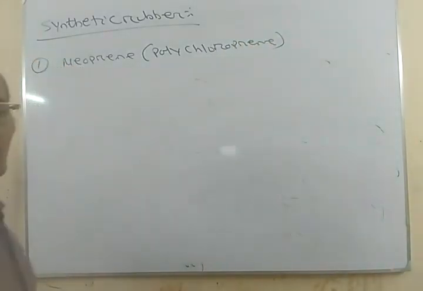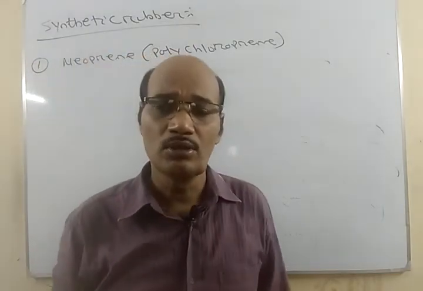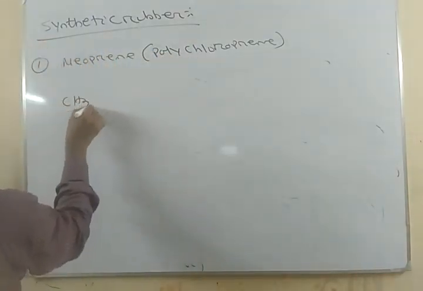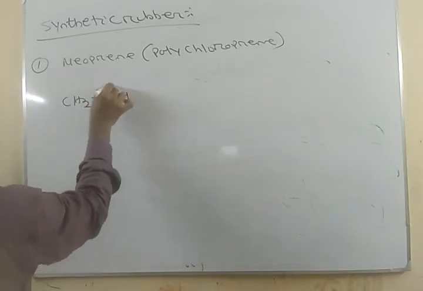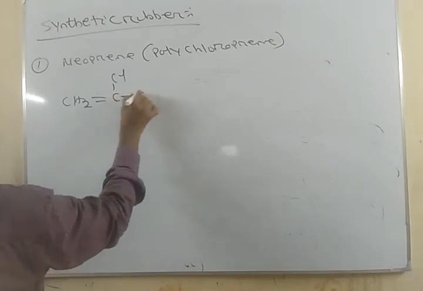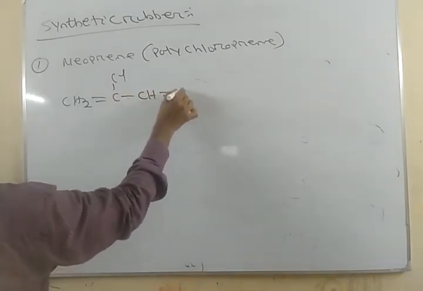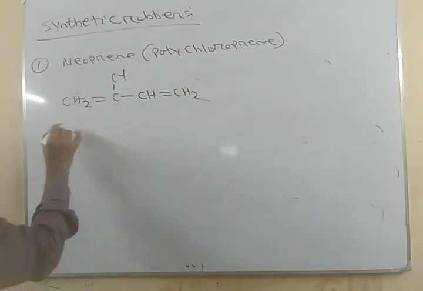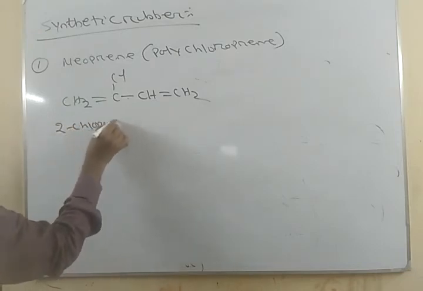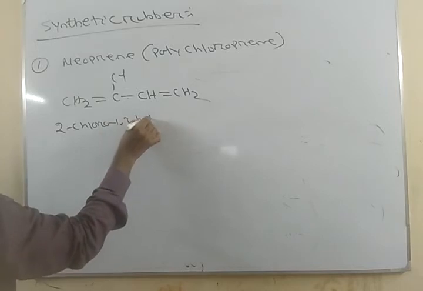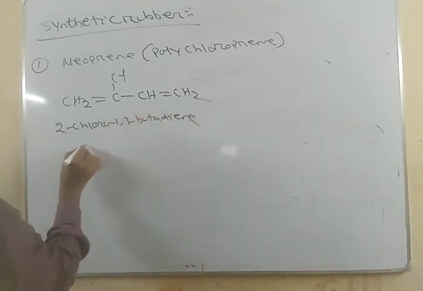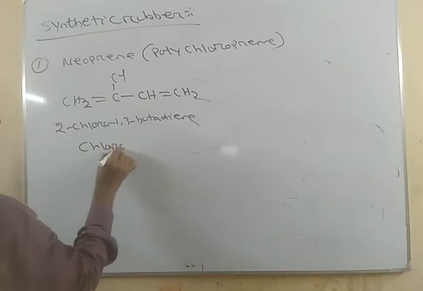Neoprene is the synthetic rubber which is the polymer of chloroprene, CH2 double bond CH, CCl, CH2. What is it called? 2-chloro-1,3-butadiene, or chloroprene.